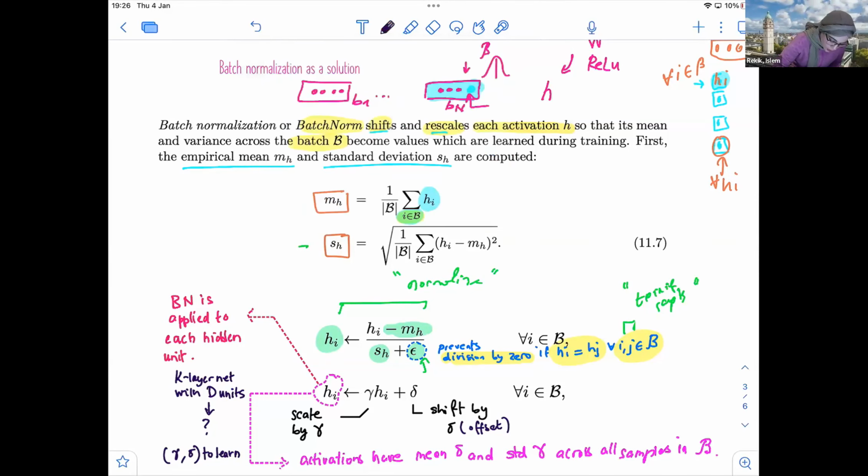So let me explain. If we have the first layer, so this is our layer L, and we go to, these are the hidden units, to layer L plus 1. And here, if we have exactly the same mean 0 and variance 1, and 0, 1, so these will be identical. These guys will be identical because of this normalization.